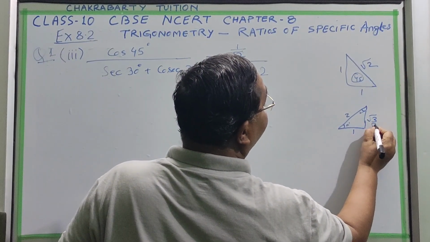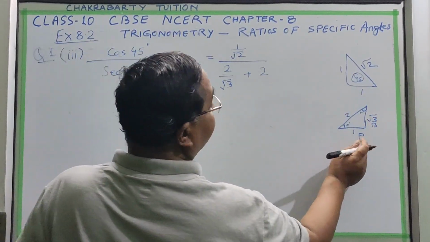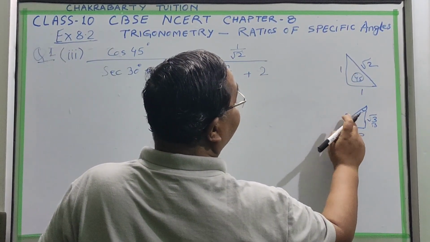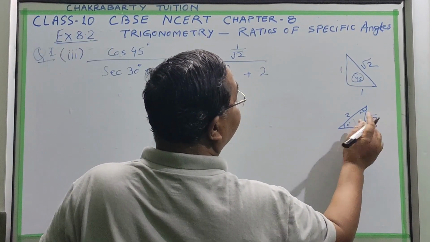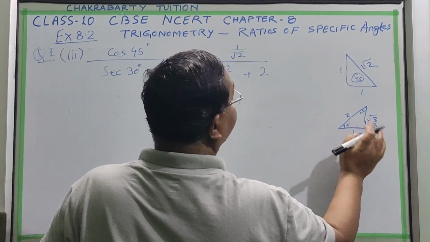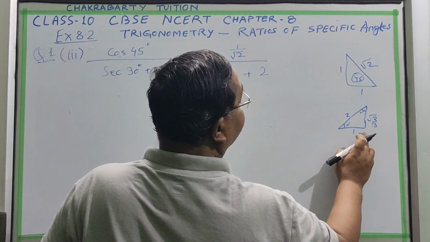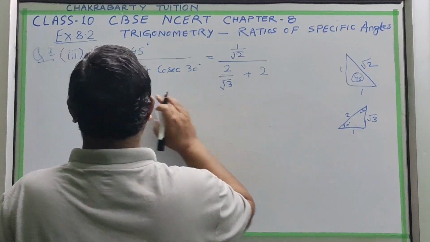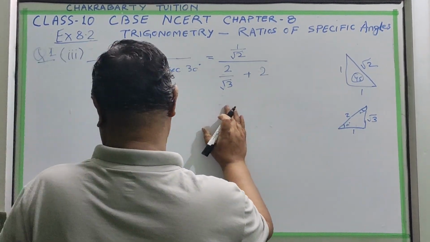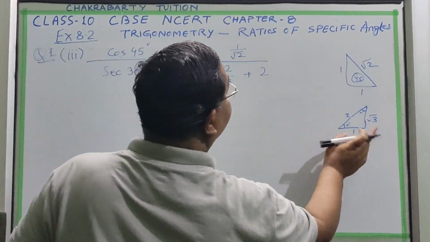Now it is your base and it is your perpendicular when you are talking about 30 degree. So from here to here, this is your sine. It becomes base and this is perpendicular. So you want sec 30. Sec 30 is okay and cosec 30 is okay.